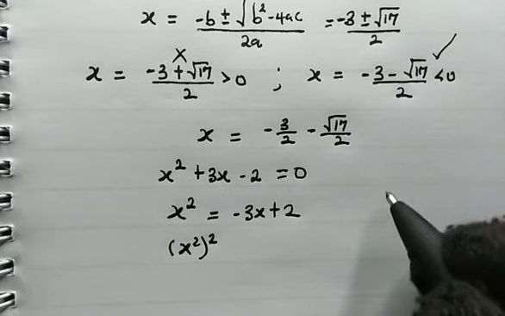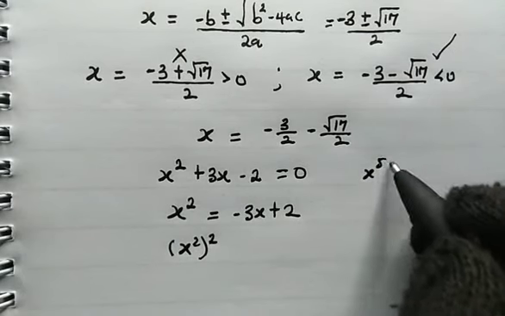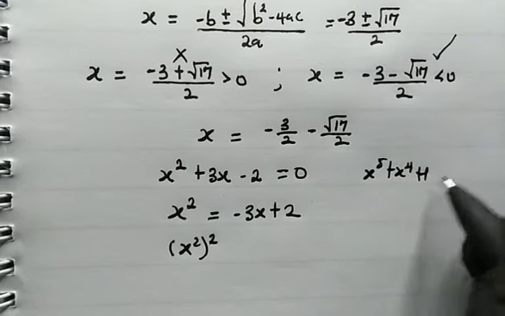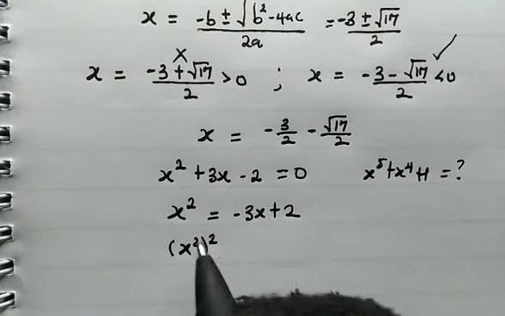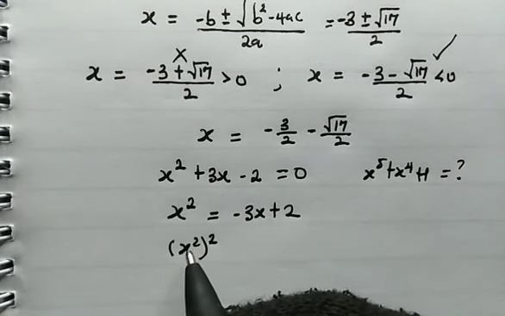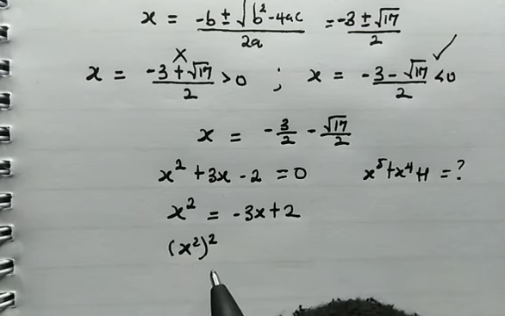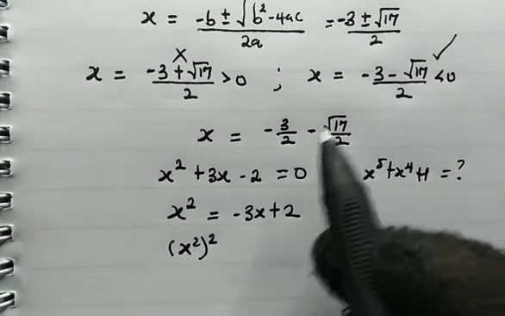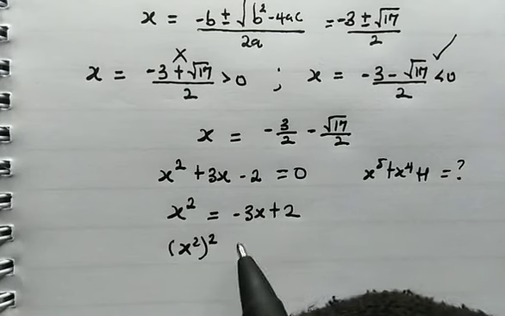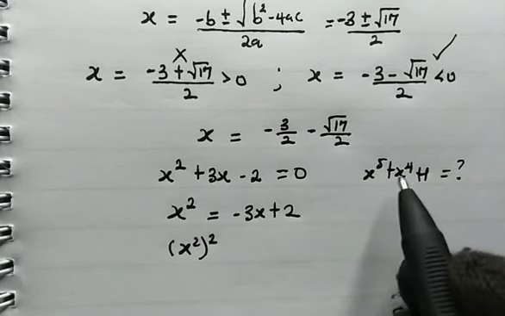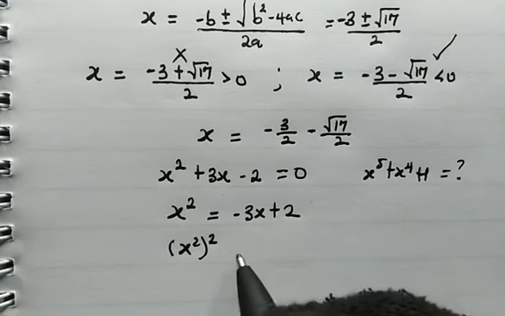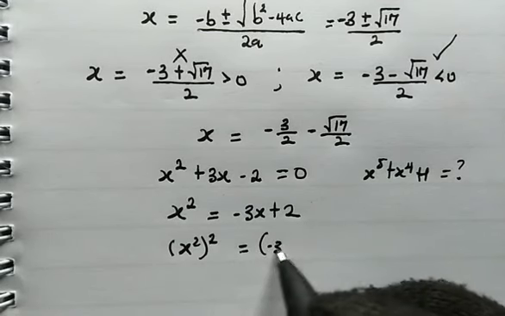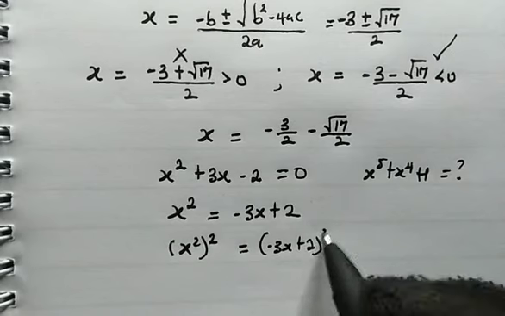Remember, we are asked to evaluate x to the power of 5 plus x to the power of 4 plus 1. When we square both sides, we are going to get the value for x to the power of 4 in terms of x. Thereby substituting the value for x, we can easily figure out the value for x to the power of 4. So here we have x to the power of 4 equals negative 3x plus 2, squared.